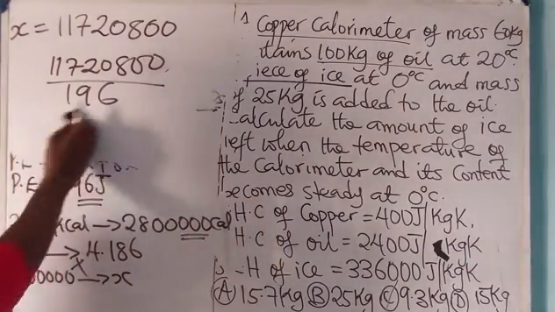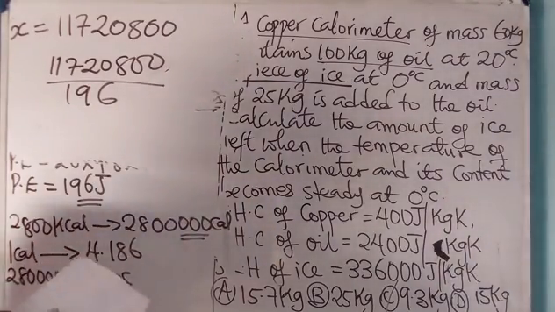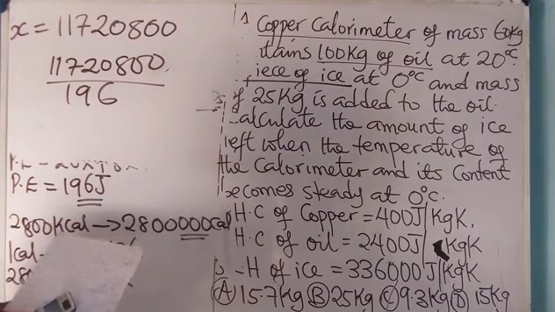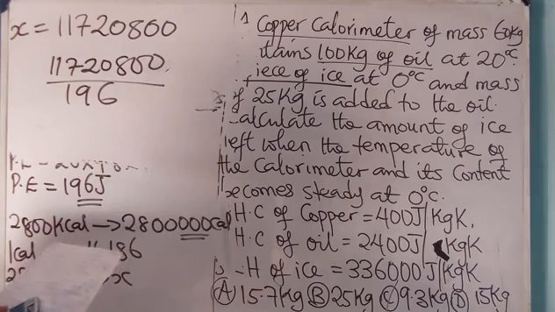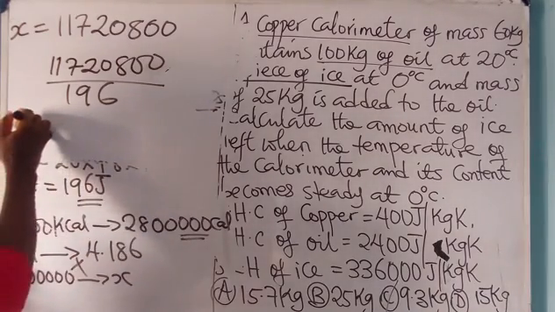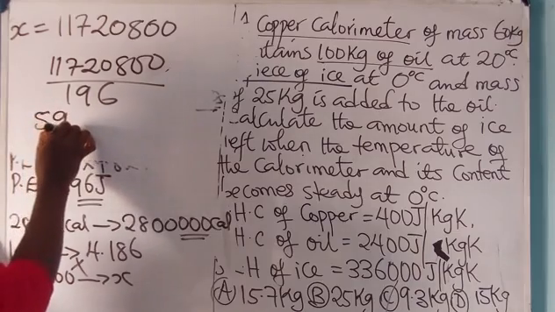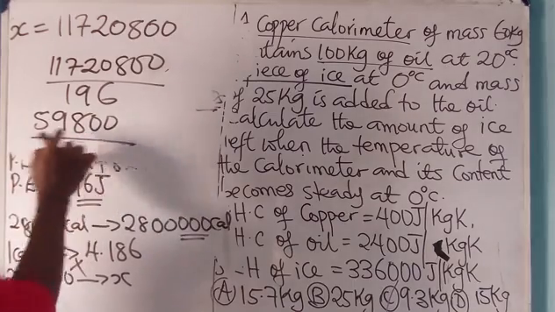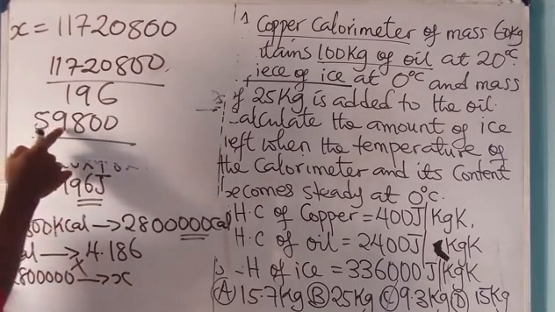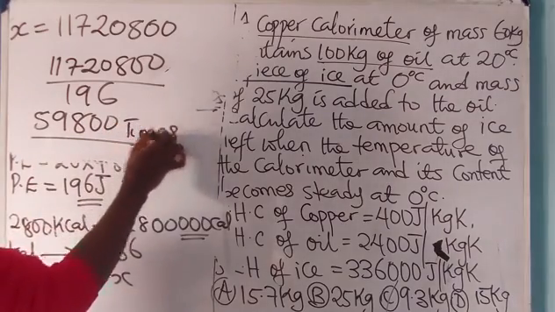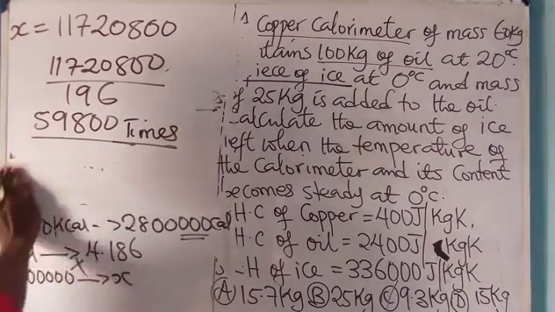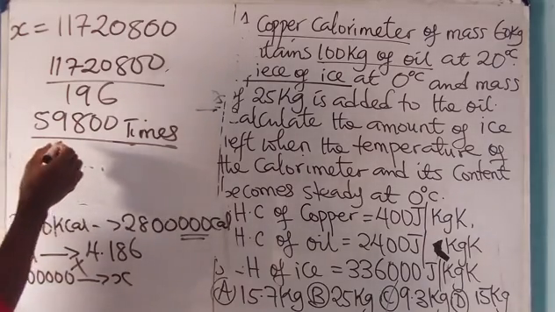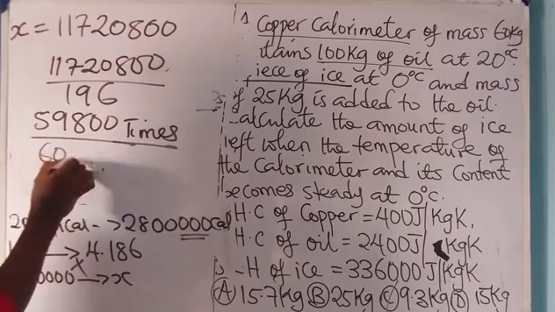So what will you have? 11,720,800 divided by 196, and we have it to be 59,800. So that is 59,800 times. So this one is approximately 60,000.